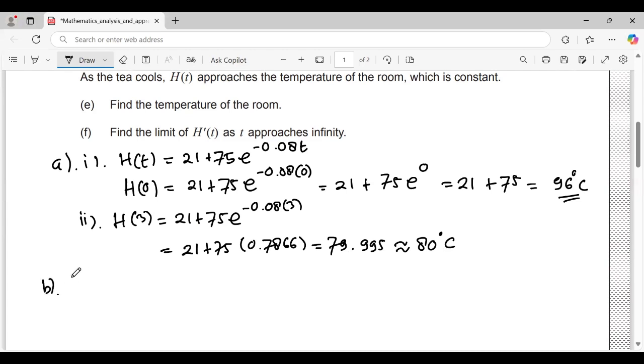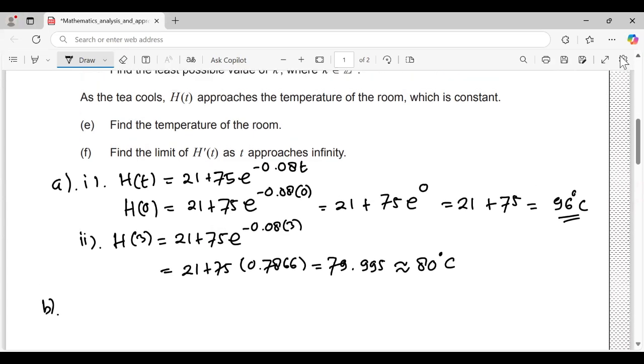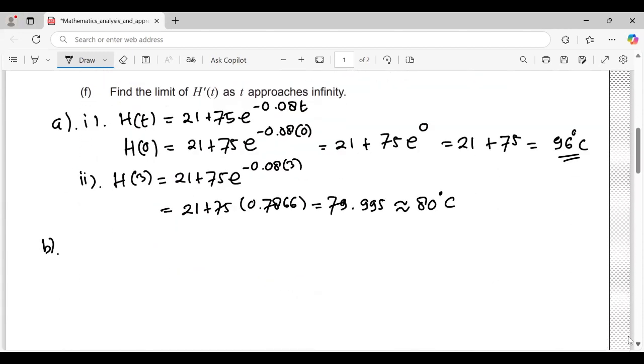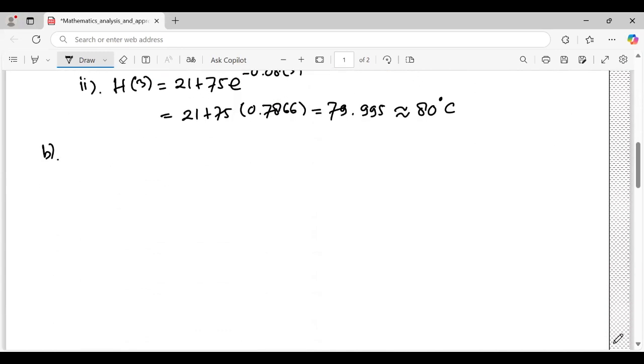Question B. Write down the value of the derivative h'(t) at t equals 3. h(t) equals 21 plus 75 e power minus 0.08t.